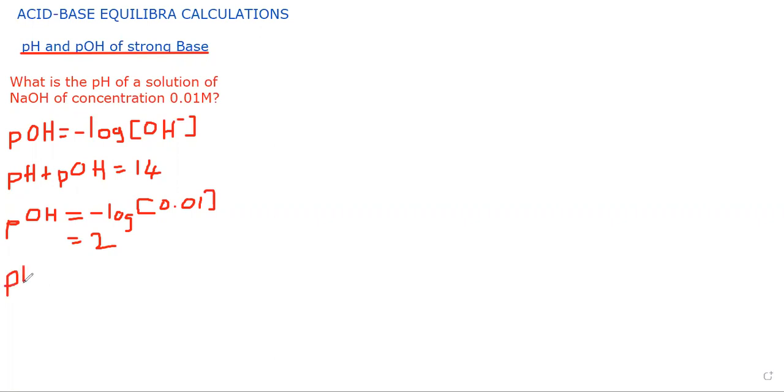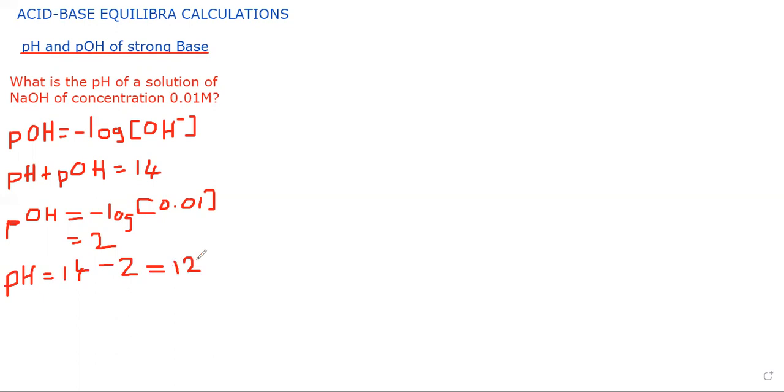So pH is equal to 14 minus 2. So pH plus pOH is equal to 14. So pH is equal to 14 minus whatever pOH is. So pH is 14 minus 2, which is 12.